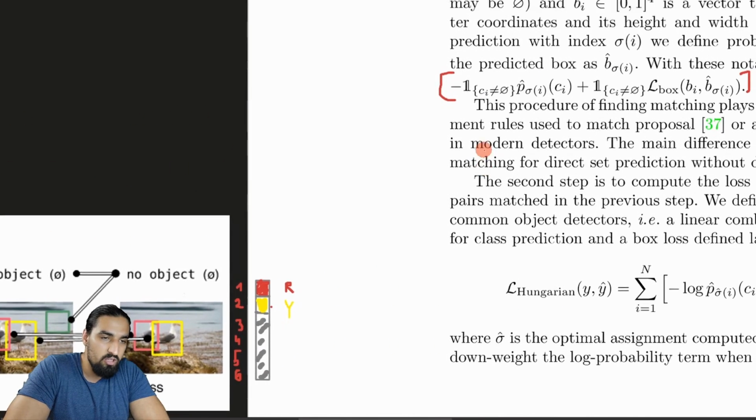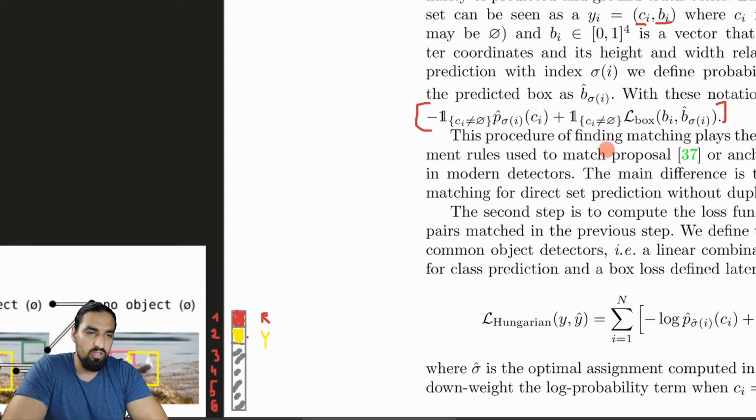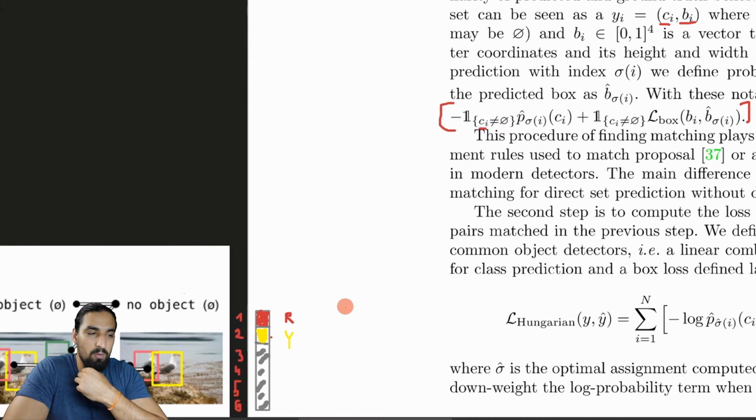So again, let me just dig into this loss and break it down. The 1 just means an indicator function. That means when the ground truth, that's this c_i class, is different from the no object class. So that means when we have some class. Here we have this, let's call it red class. Here we have yellow class. So for i equals 1, we see here the indices.